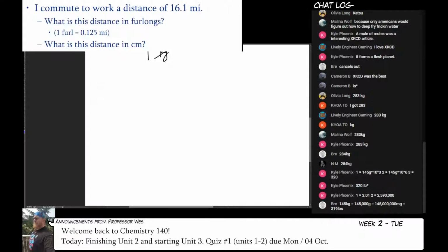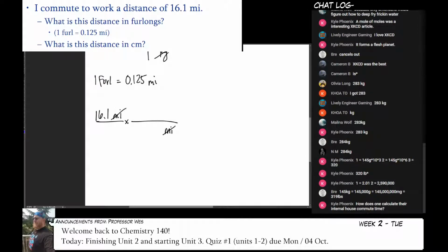So, I have here that 1 furlong equals 0.125 miles. And if I go 16.1 miles, how many furlongs is that? Okay, well, we'll set up the units so that the ones that we don't want cancel.